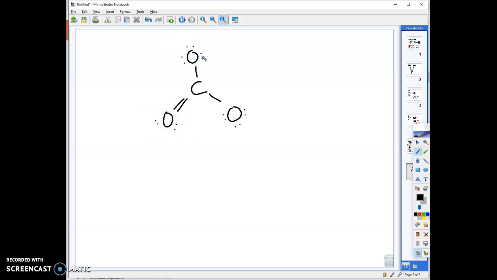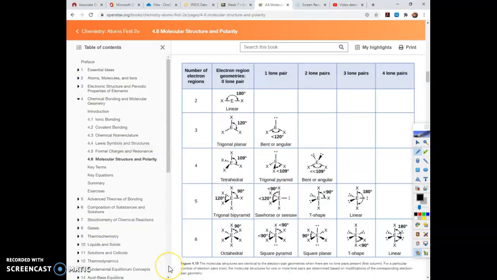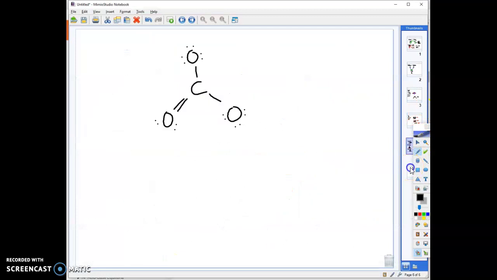Now, first thing that I've got to do is I recognize that this is a polyatomic ion that has a 2- charge. So when we draw our structure for this, I have to do something a little bit different that I didn't do on my others. I put brackets around the entire structure, and I put that charge out beside them. Okay, so that's the first thing.